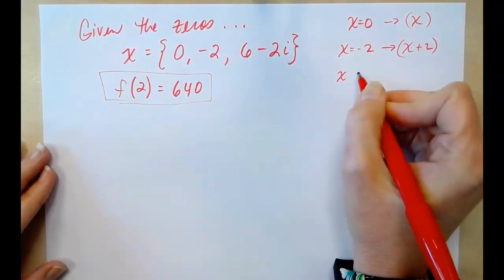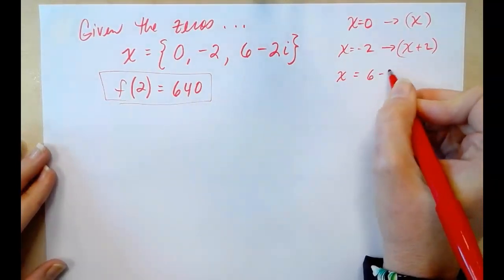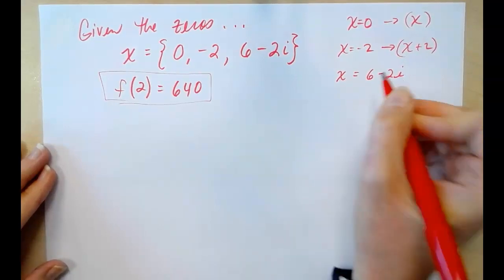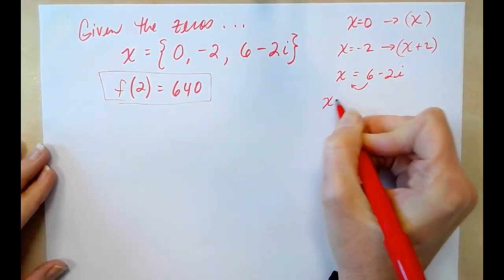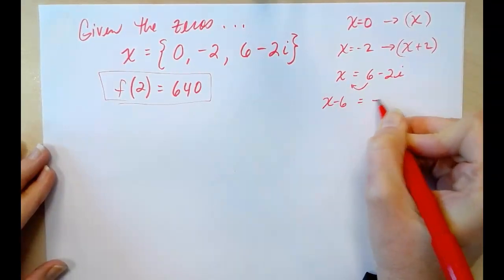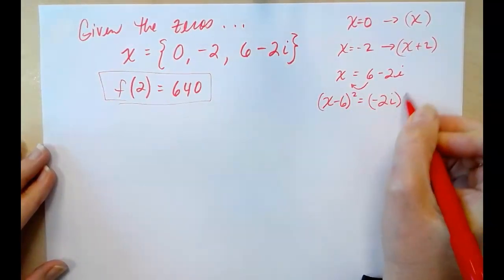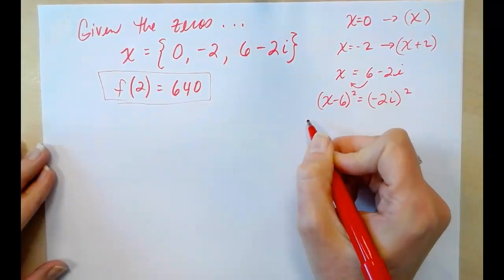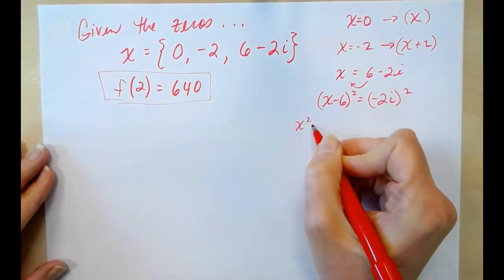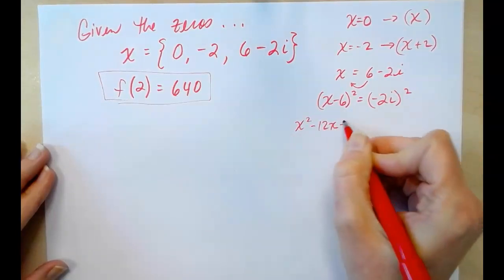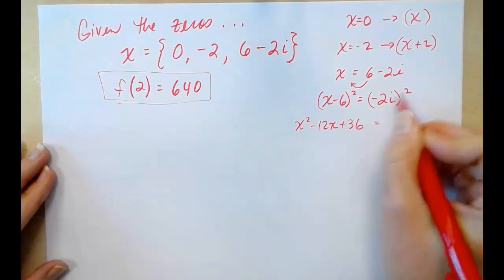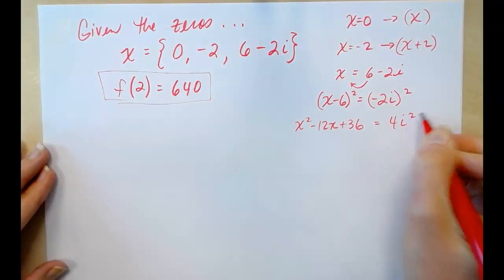So if x equals 6 minus 2i, let's move the 6 over as x minus 6 equals -2i. Then from there, let's square both sides, which gives us x squared minus 12x plus 36 equals 4i squared.